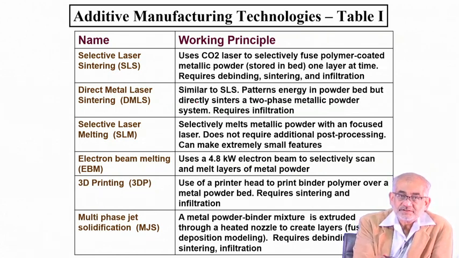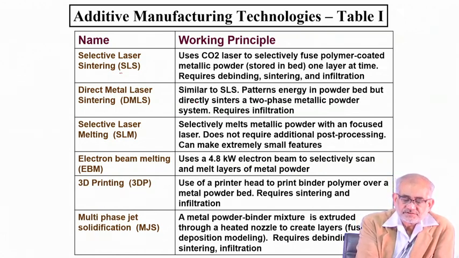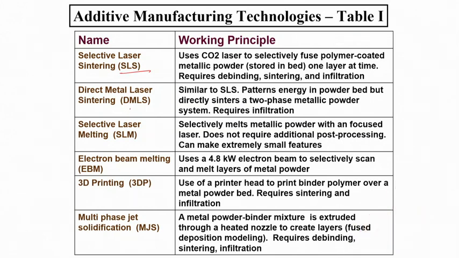Depending on the approach, some of these are called selective laser sintering or direct metal laser sintering. In selective sintering, you use a laser to sinter the powder feed that you feed in up to a certain depth, and the powders themselves will have a certain binder coating on them.